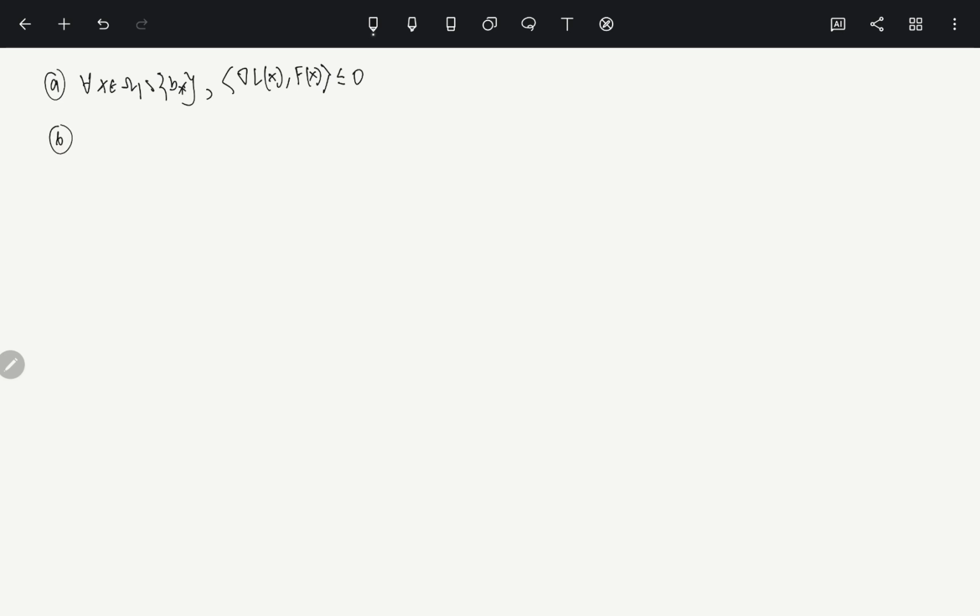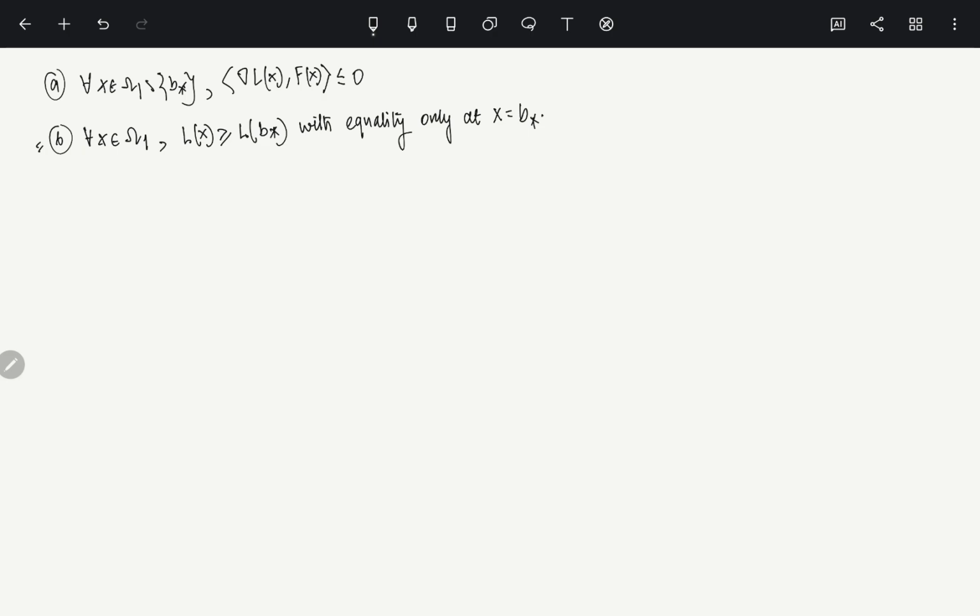The second part: for all x in omega 1, L of x dominates L of B star, with equality only at x equals B star. So essentially the property b says that B star has to be a strict minimum of L.